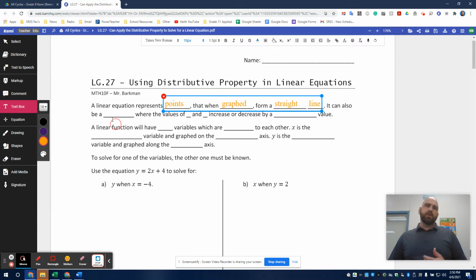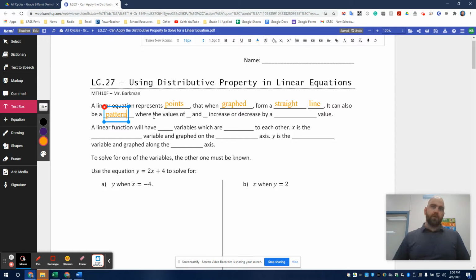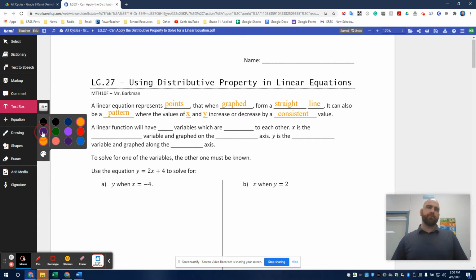It can also be a pattern where the values of x and y increase or decrease by a consistent value. So again, remember that it can go up by a consistent amount or go down by a consistent amount, depending on the type of pattern that we have.